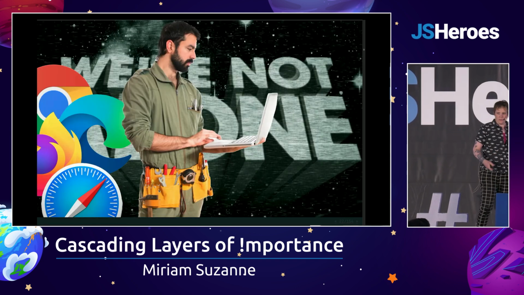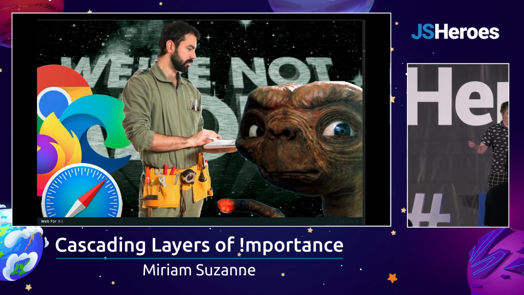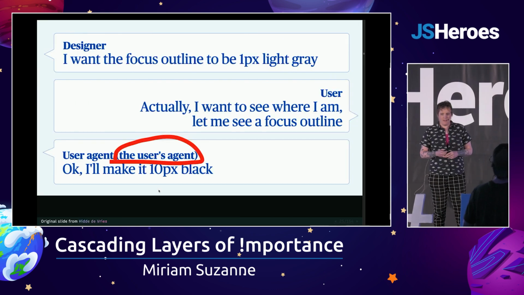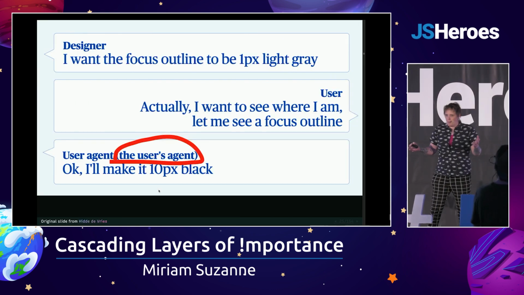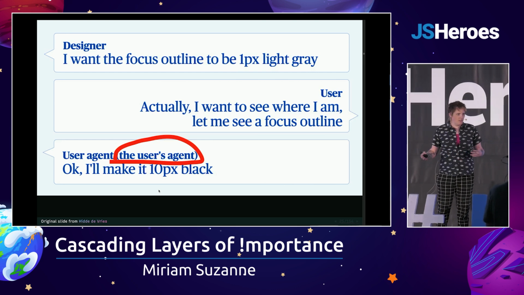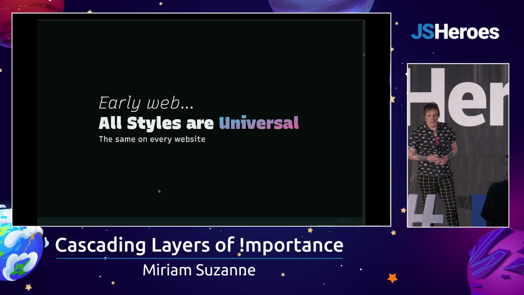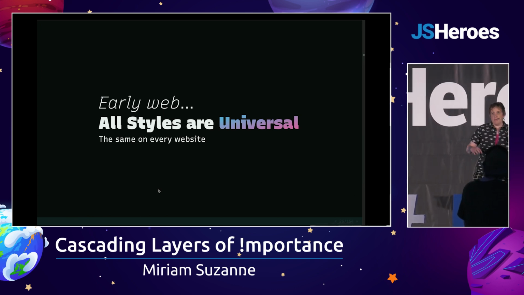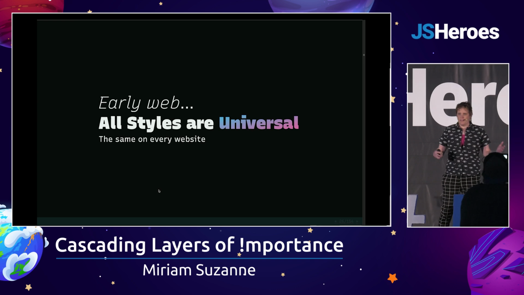We also have users bringing their own devices, and all sorts of users with their own preferences. And like Hidde said, the browser is literally the agent of the user, and it represents their needs on the web. And so on the early web, all styles are universal. I mean, they're different from one person to the next, but not from one site to the next.